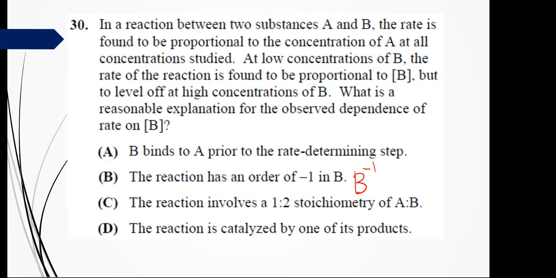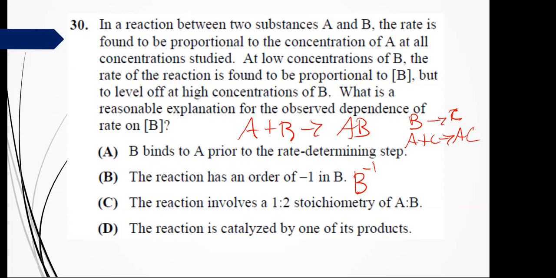You can kind of think that it could be A plus B going to AB all happening at once. But it could be something where we have B going to something, and then A plus C going to our product. We don't know. It could be one step or it could be many steps.